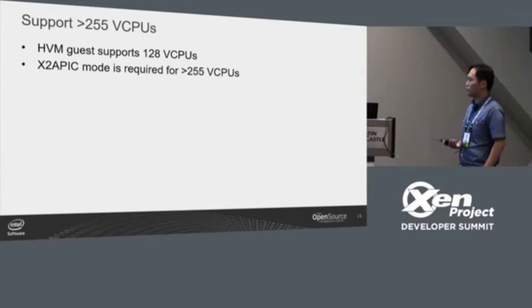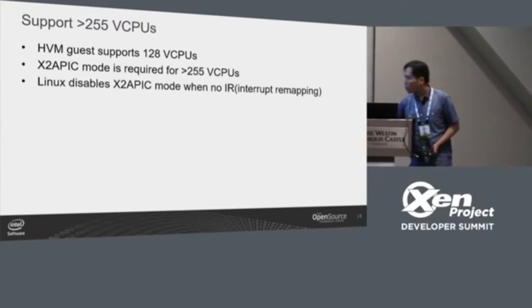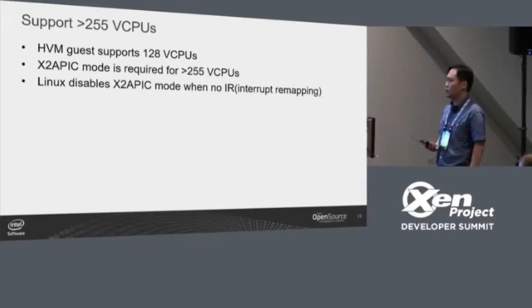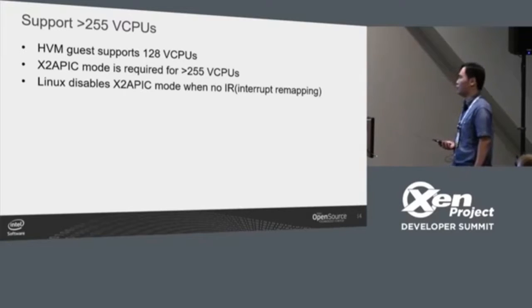x2APIC mode can support a 32-bit APIC ID, which increases the supported CPUs. But the Linux kernel disables x2APIC mode when there is no IRQ remapping function. The reason is that the IRQ cannot be delivered to a CPU whose index is more than 255.